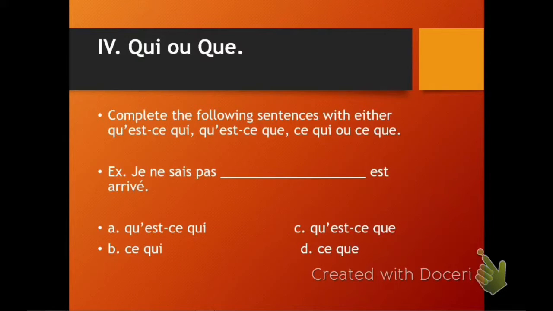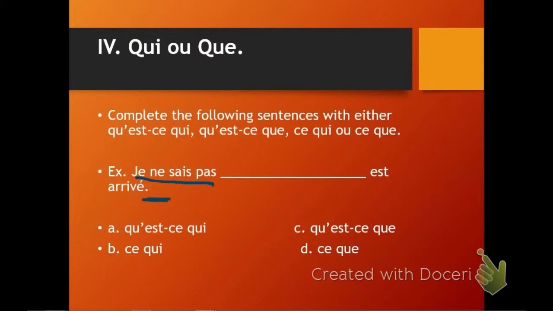Now, first off, you're going to have to pay attention to if this is a direct question or an indirect question. Obviously, we know that it is an indirect question. There's a couple dead giveaways. One, there's no question mark. And 2, we're starting off with saying, I do not know.